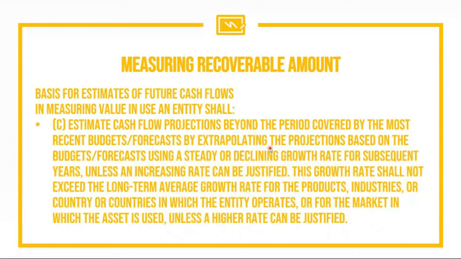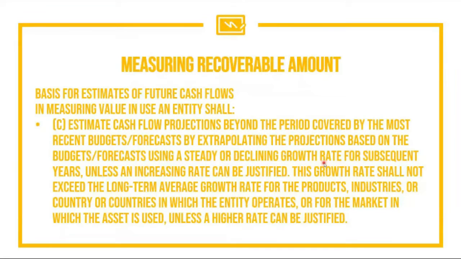Meaning you are going to determine the future amounts by determining a growth rate that is either steady or declining. But of course, this should be justified. So all of the computations that you're going to do, particularly the rates and the amounts, should be justified.